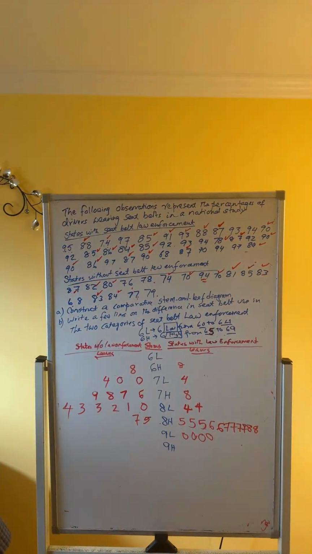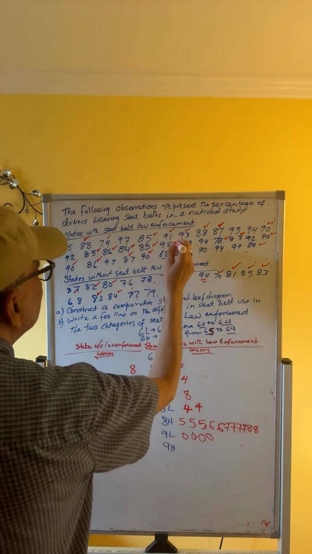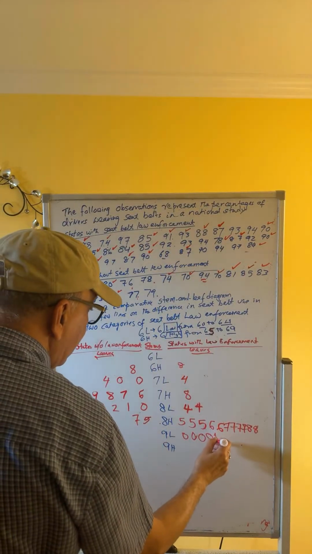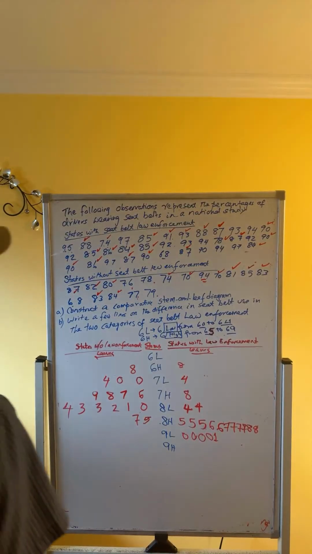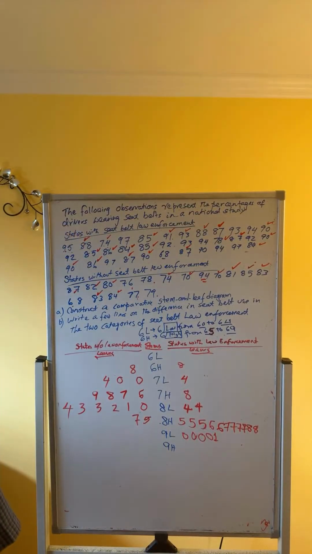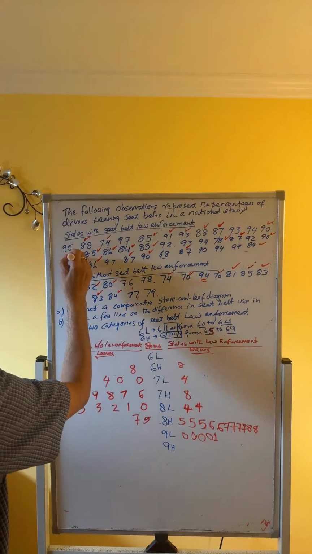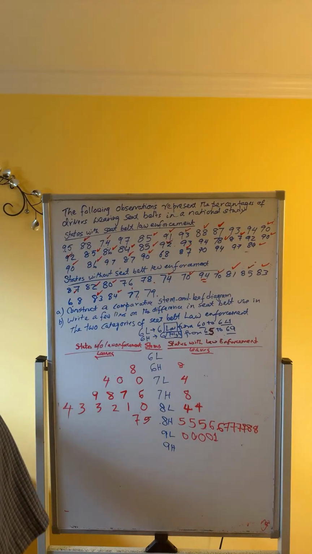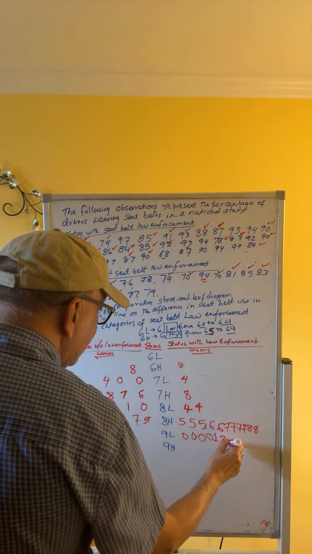Then we will look for 91. Only 1 91. Then we will look for 92. There is 1 92 over here. There is 1 92 over here. So 2 92s.